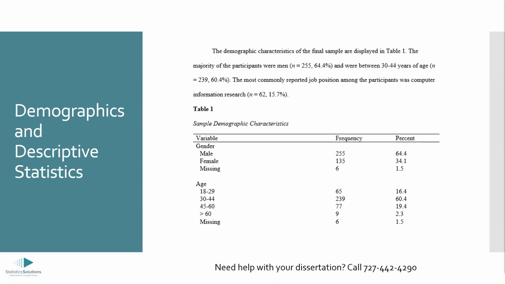So for instance, you don't want to make a reference to table 1 and then table 1 doesn't appear until 5 pages later. Or you don't want to present table 1 and then don't make a reference to it until 5 or 10 pages later. So your reference to the table should appear close to where the table appears in the document.